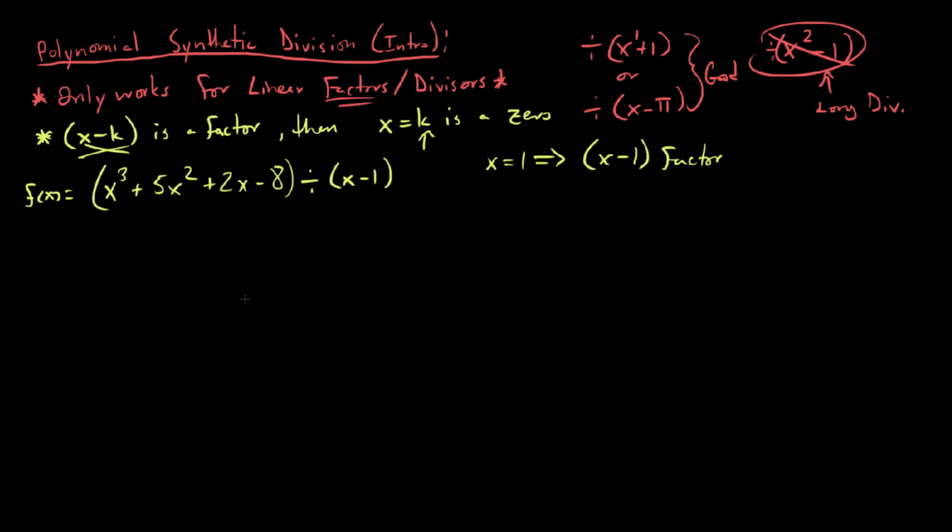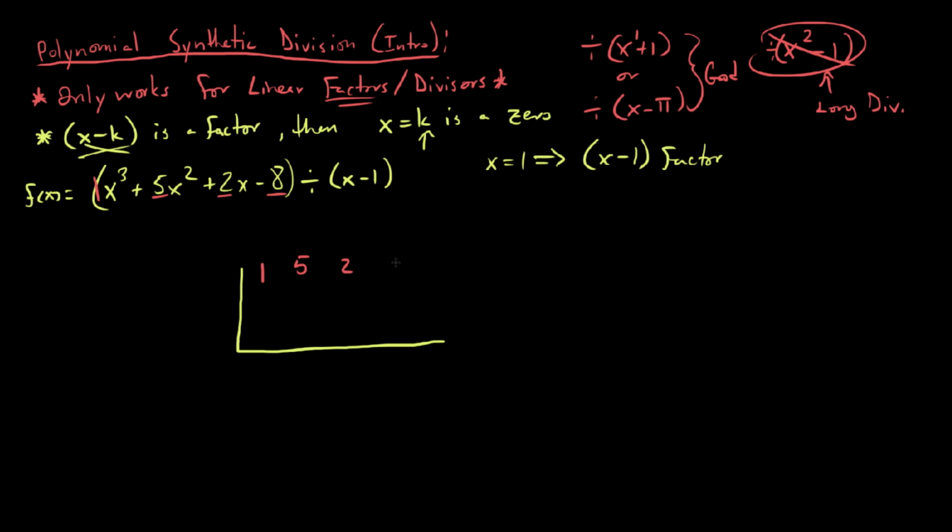What does synthetic division look like? Well, first of all, for starters, we don't use a division bar. It's kind of like an upside down division bar. And all we're going to do is insert the coefficients of all of our places up here: our x cubed place, our x squared place, which are 1, 5, 2, -8. We're going to take those, and that's what's going to go in here, typically where our dividend would have been.